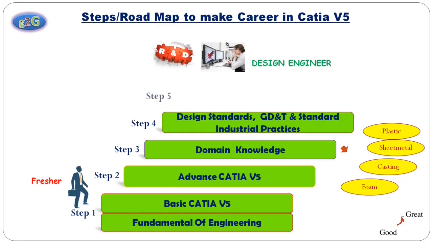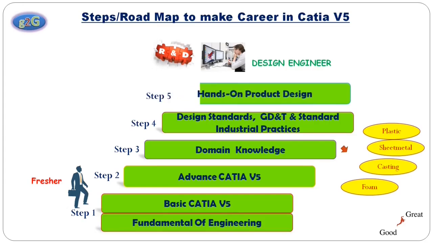Step number 5, the most important, hands-on product design. The basic idea of learning CATIA is to design a product, right? So you should start from the basics, learn advanced, learn at least one domain, know the design standards, learn GD&T, know standard industrial practice, and get hands-on product design.